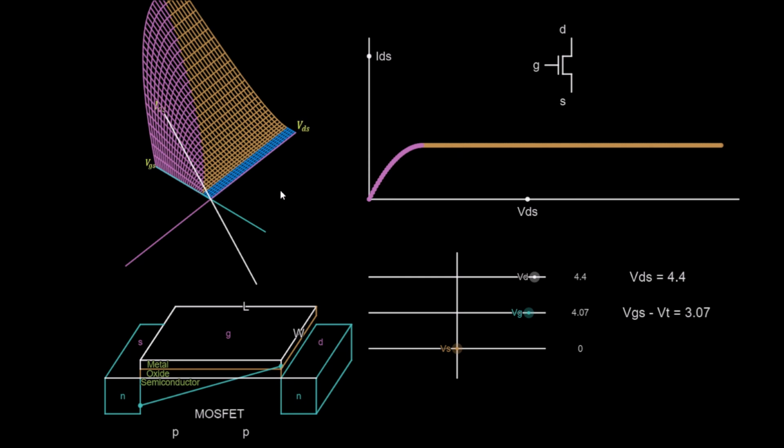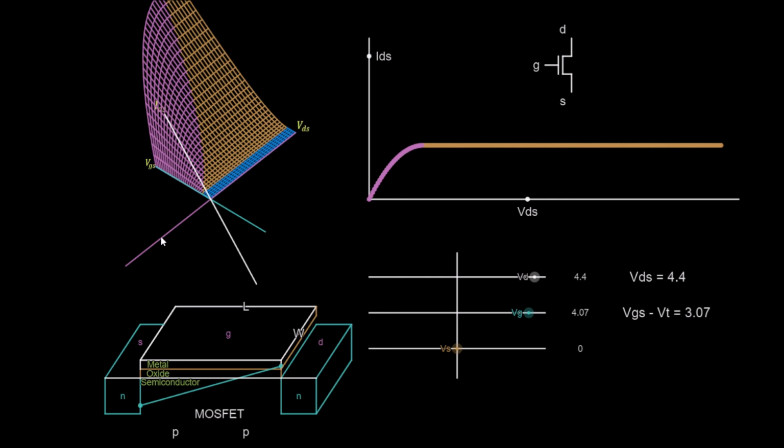And you can see it again in the 3D graph. We're going to have our cutoff region here in blue, our linear region in pink, and our saturation region, which is this orange colour here.